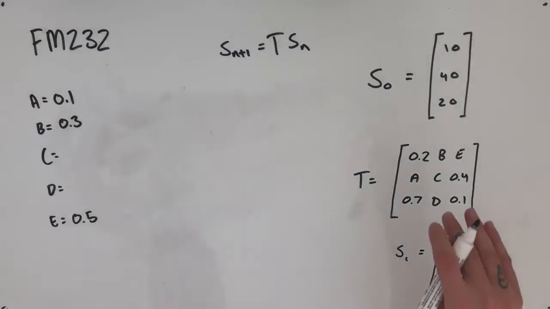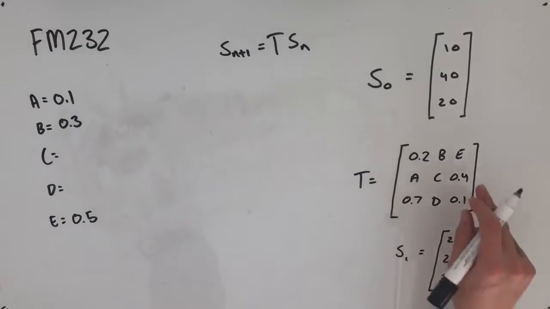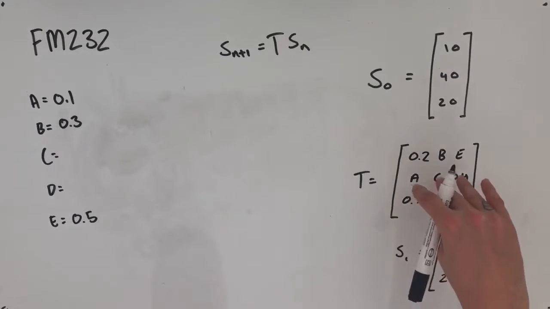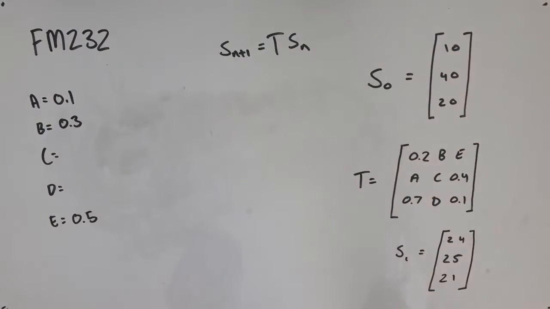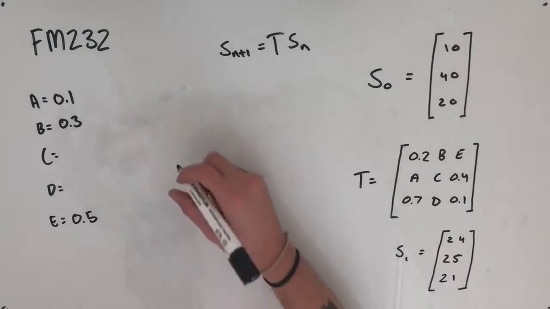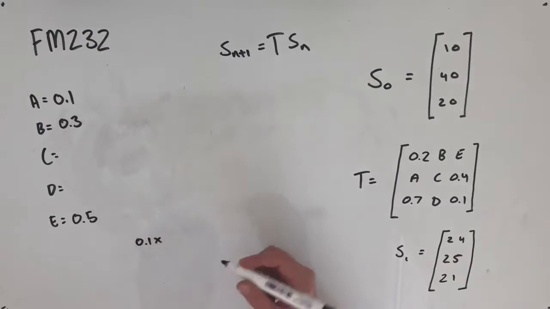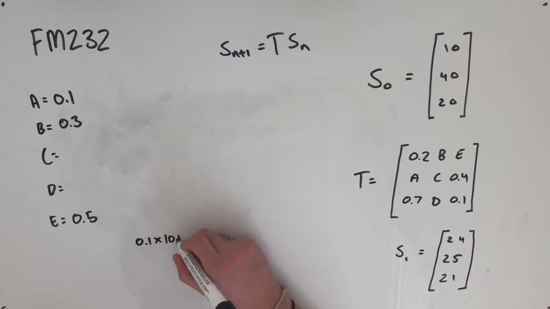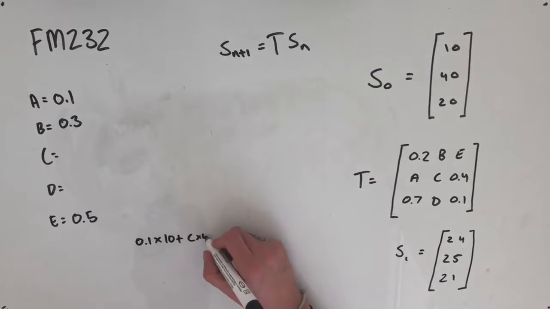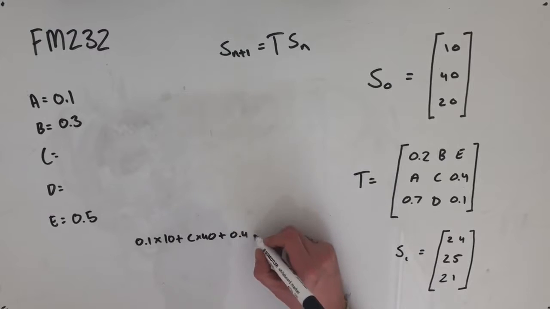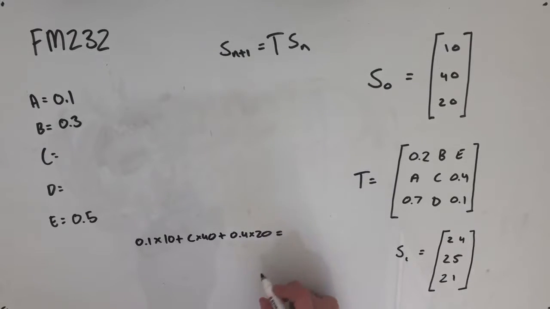For example, our next row contains A, C, and 0.4. We know the value of A. So once again, this second row is going to be plugged into our initial state matrix to give us this value of 25 down here, which means we've got 0.1 times 10 plus C times 40 plus 0.4 times 20 should come together to make 25.